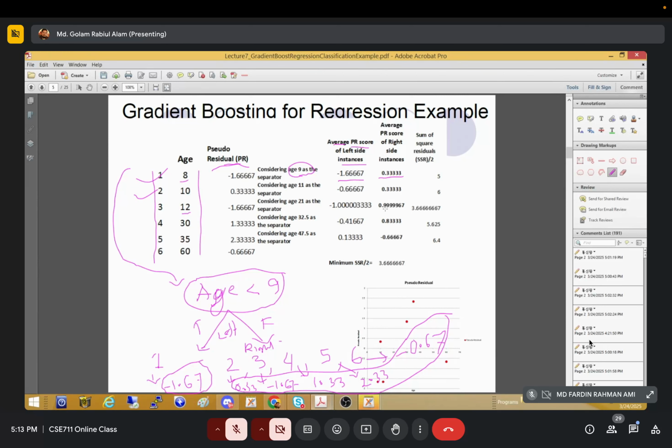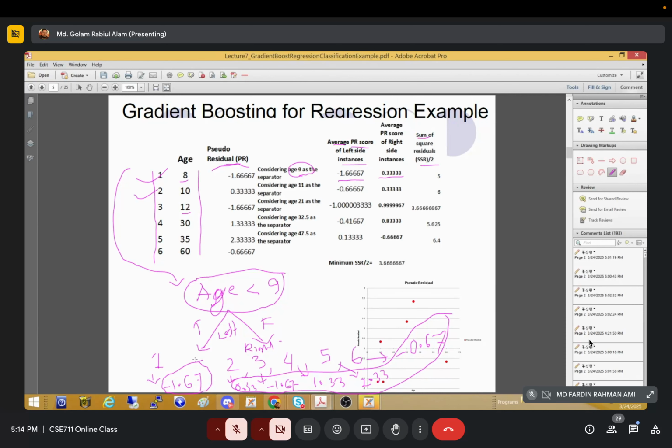Now what we have to do is find out the sum of squared residuals, because that's what the pseudo-residual gives us. How can we find the sum of squared residuals?